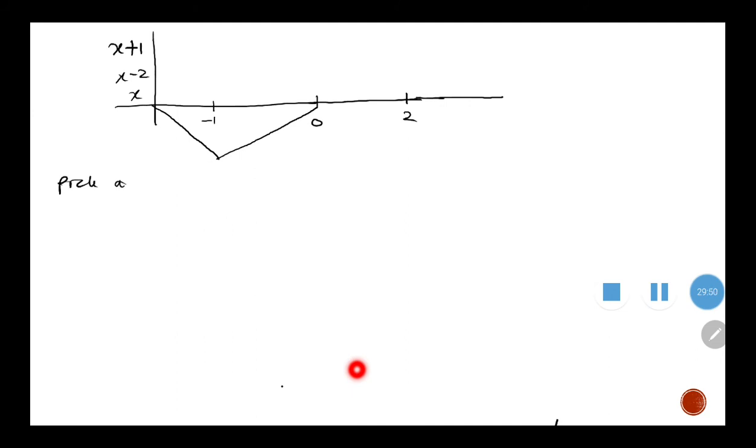Pick any number between 0 to 2. What do you reckon? I want to pick 1 because it's easy. x equal to 1: 1 minus 2 is minus 1 and 1 plus 1 is 2.